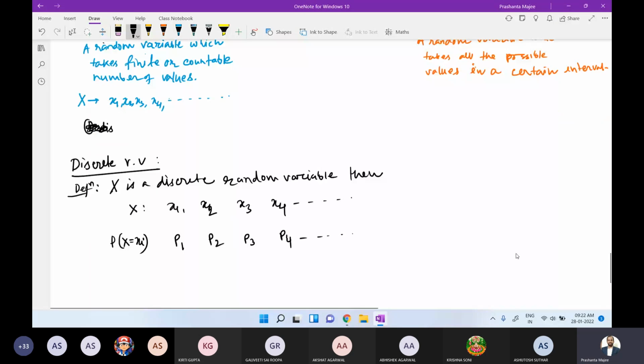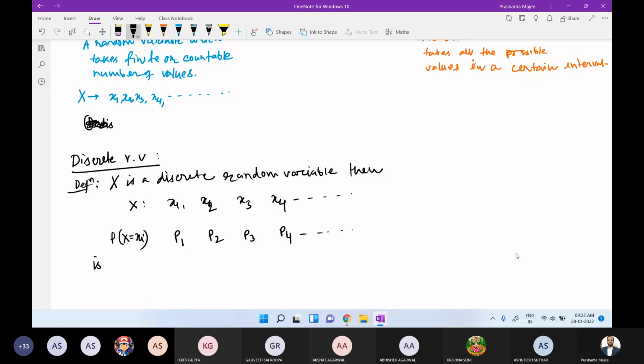This is called the probability mass function of the random variable X.